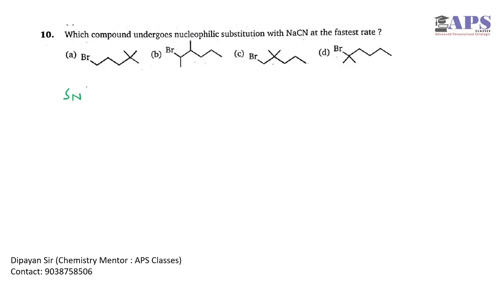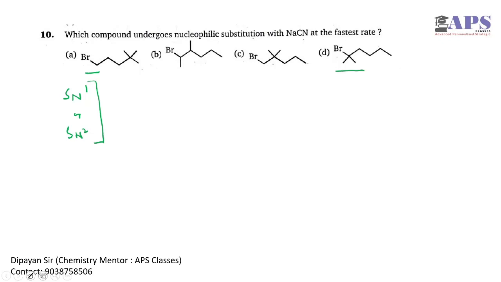Is this SN1 reaction or SN2 reaction? Okay. So now the thing is, if we take SN1 reaction, then option D is the fastest reaction because a more stable carbocation is formed here. And if we take SN2 reaction, the option is going to be A because of the less sterically hindered carbon.